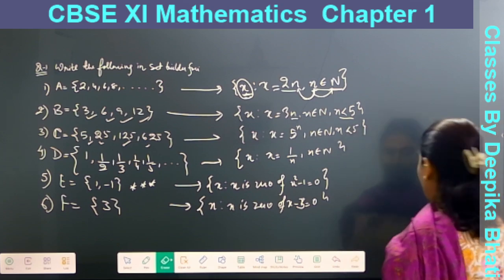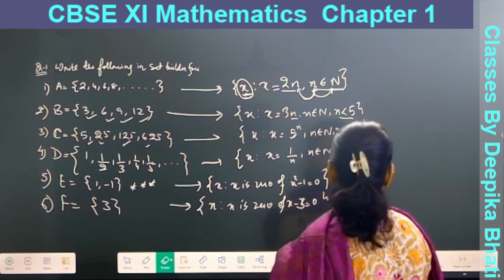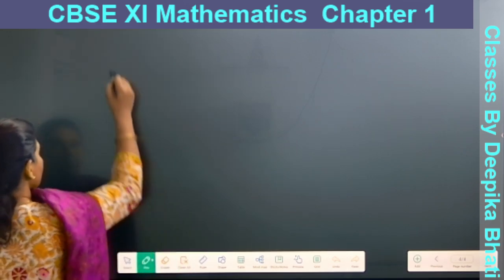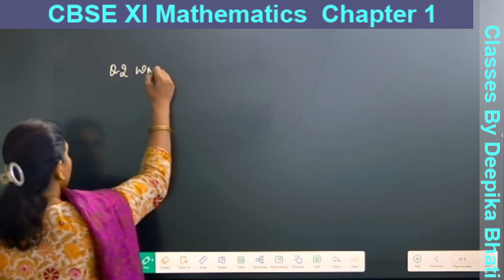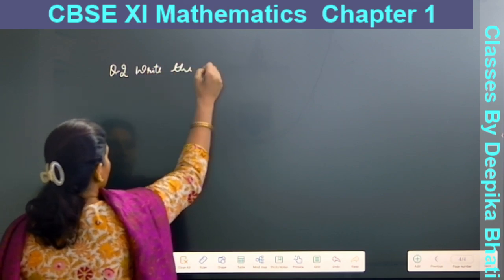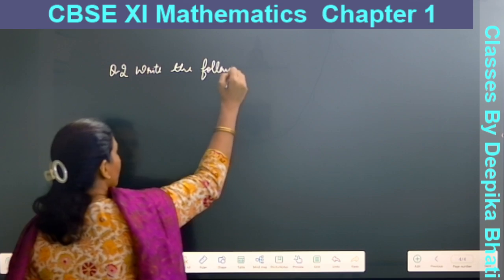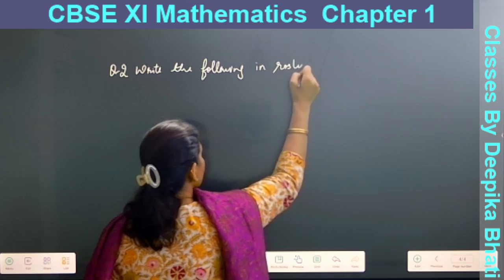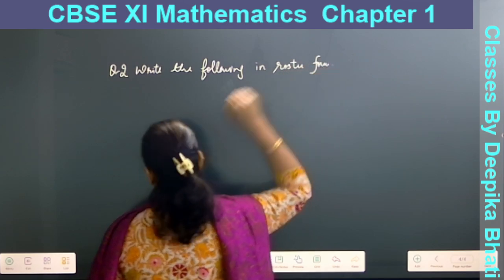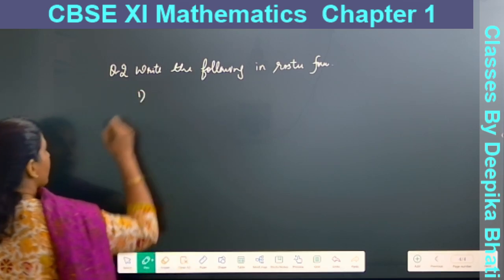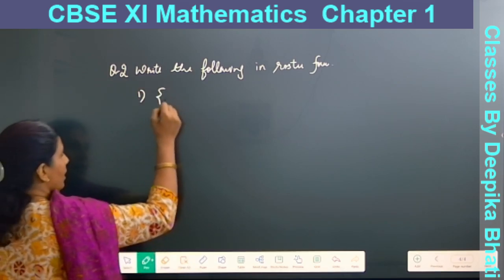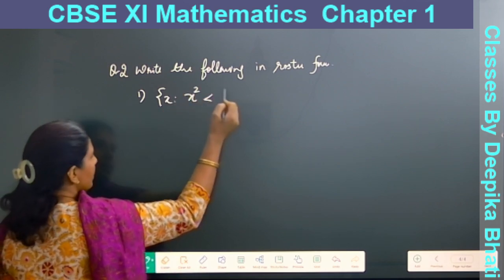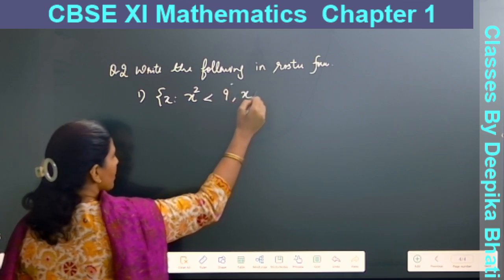Okay. So now write down the next question. Write the following in roster form. First part, x such that x square is less than 9, x belongs to integers.